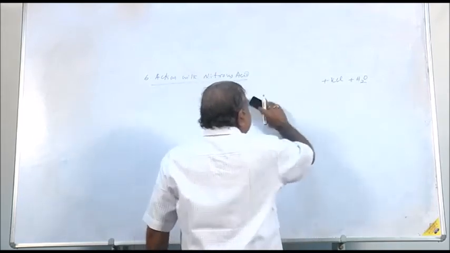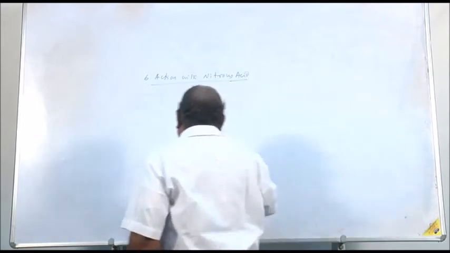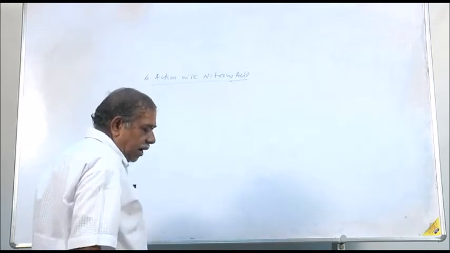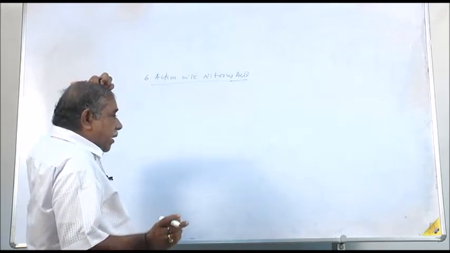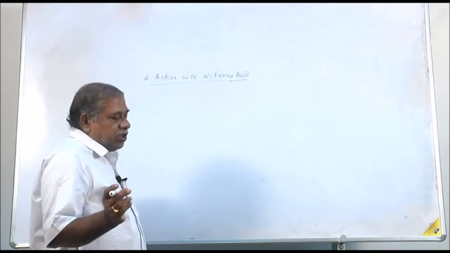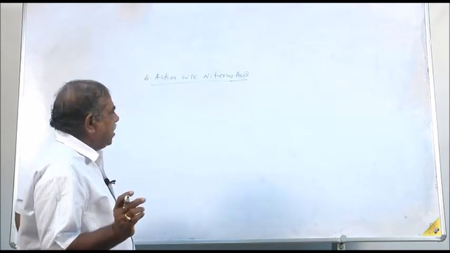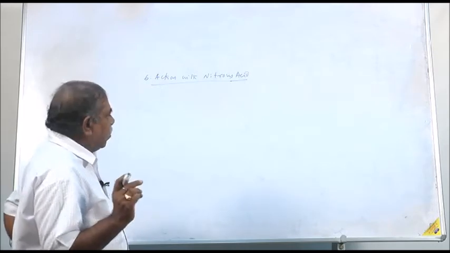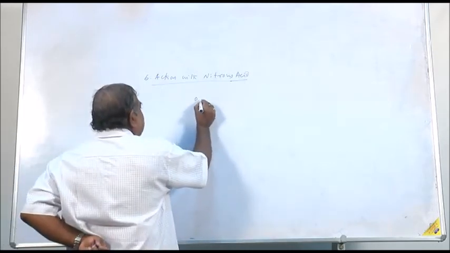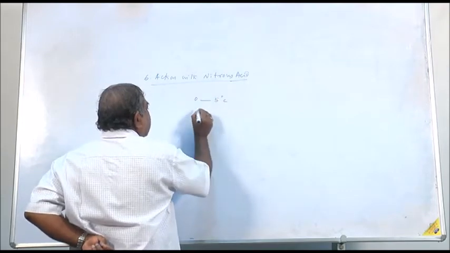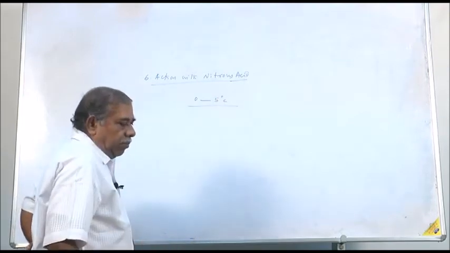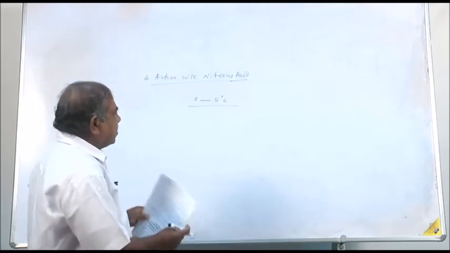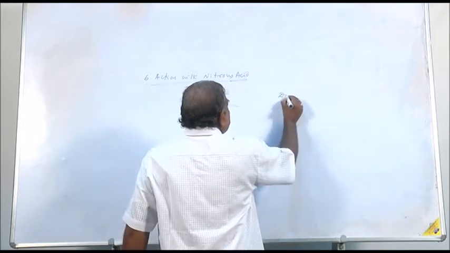Aliphatic secondary amine gives nitroso compound, which is a yellow liquid, and aliphatic tertiary amine forms nitrite salt. But here the action of nitrous acid towards aniline is different. When aniline is treated with nitrous acid at very low temperature, between 0 degree to 5 degrees centigrade, you will get benzene diazonium chloride. This reaction is called diazotization.